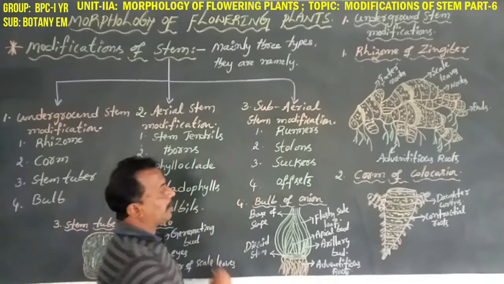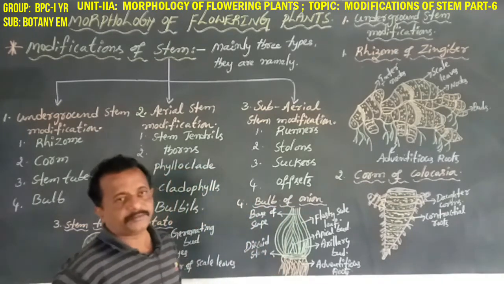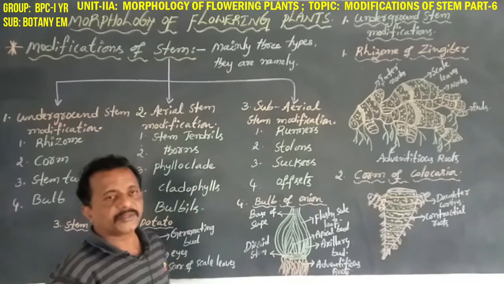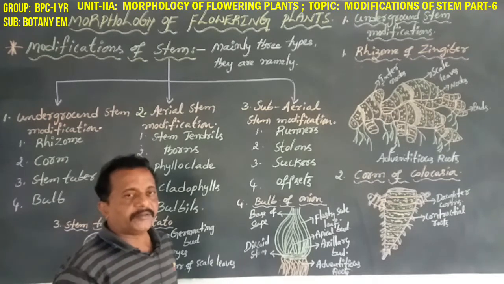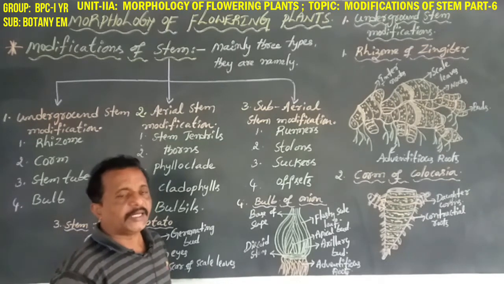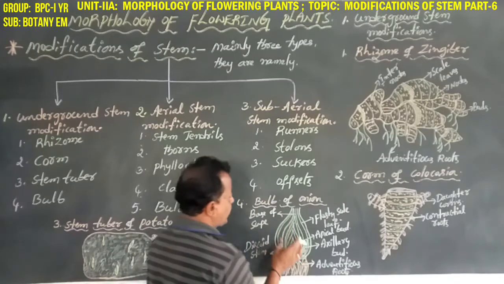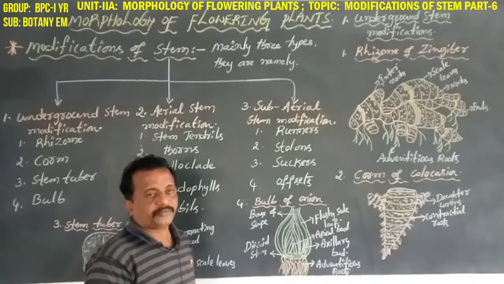The fourth underground stem modification is the bulb of onion. So dear students, this is a bulb of onion. The best examples are onion, that is Allium cepa, and garlic, that is Allium sativum. The stem is not well developed.